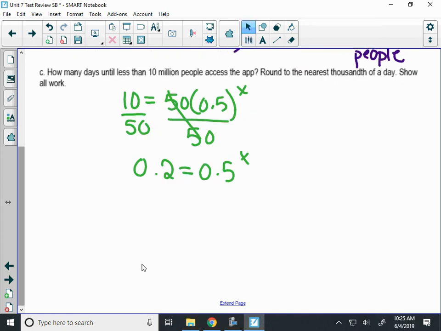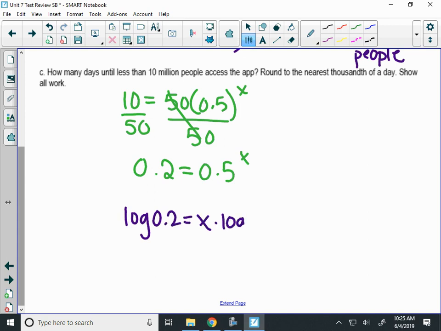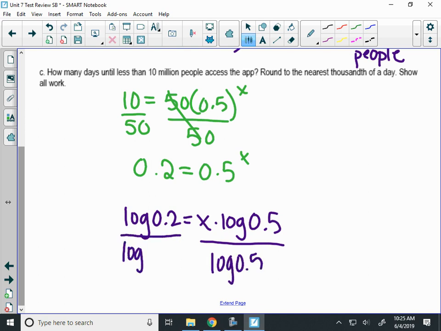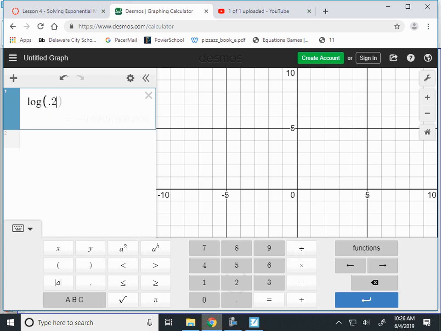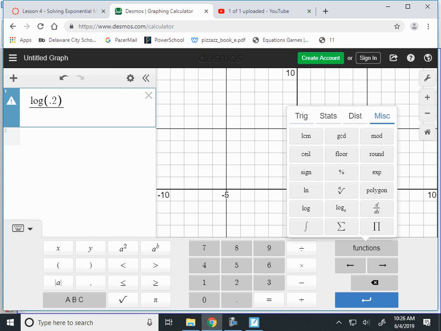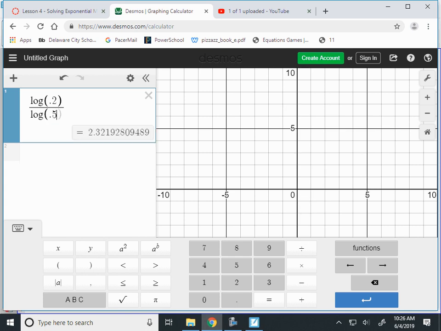And then I just take the log of both sides and divide by the log of 0.5. And then type that into Desmos, and it'll tell me how many days until 10 million people were on Instagram. So I have log of 0.2 divided by log of 0.5. Looks like it's going to take 2.322 days.